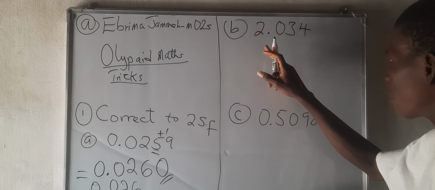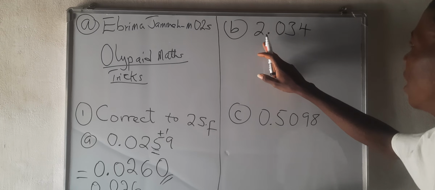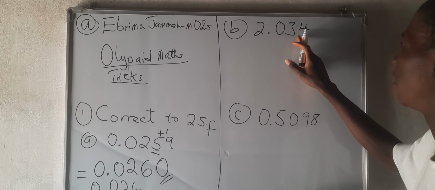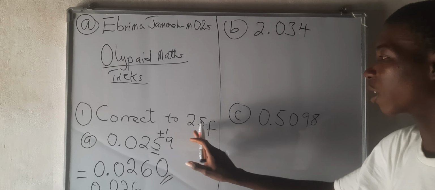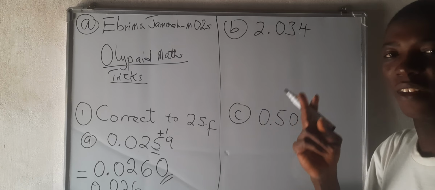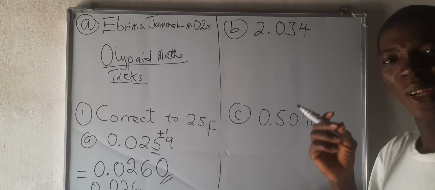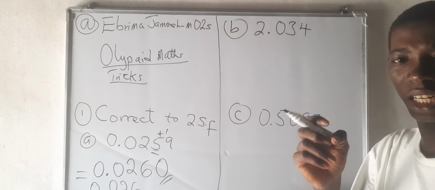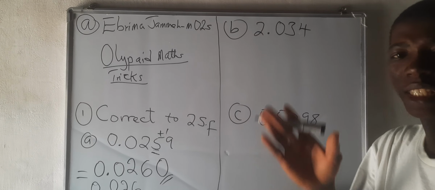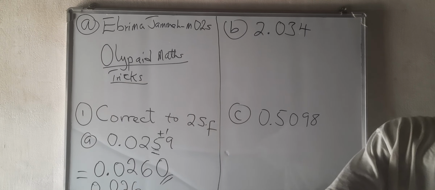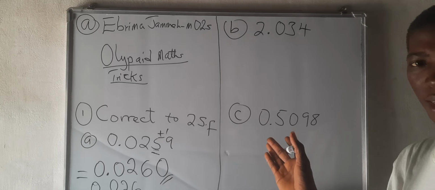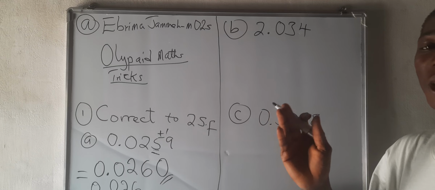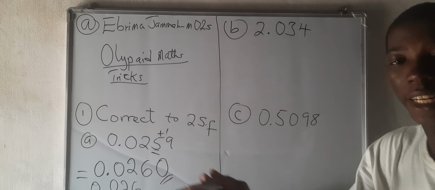Now, just look at here. This is 2.034. We are asked to correct to 2 significant figures. You need to identify your significant figures before you start counting, and always start counting from left to right. It's different from when they say to the nearest 10 or 100,000.